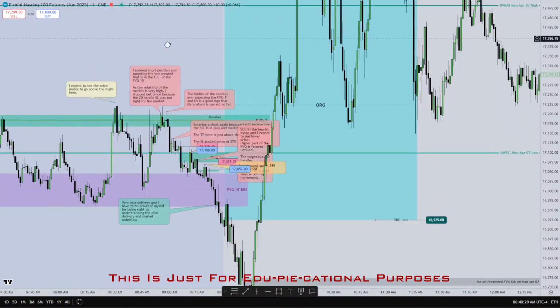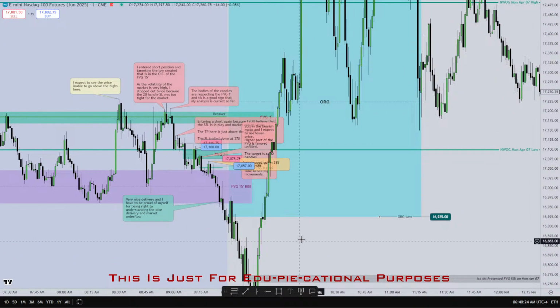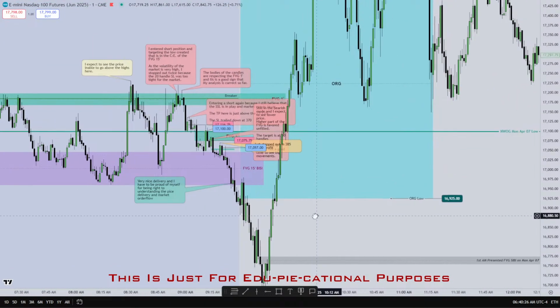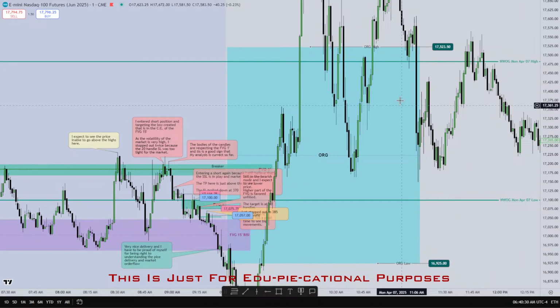Okay, now we are going immediately to the opening range gap. As you can see, we have a discount gap, which means we opened much lower than the settlement on Friday.